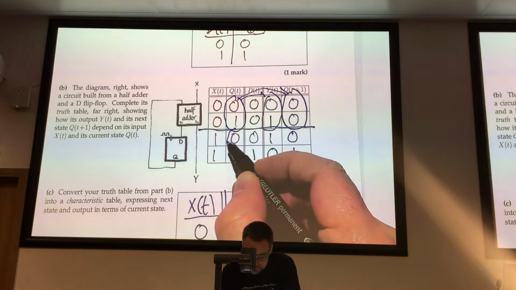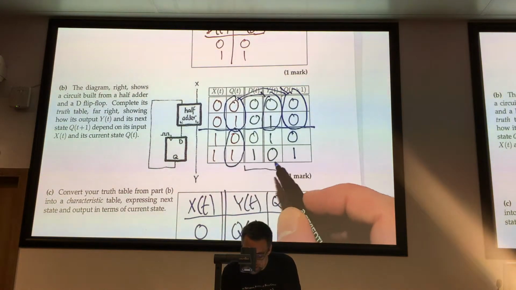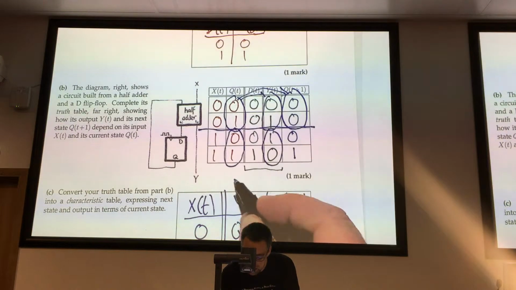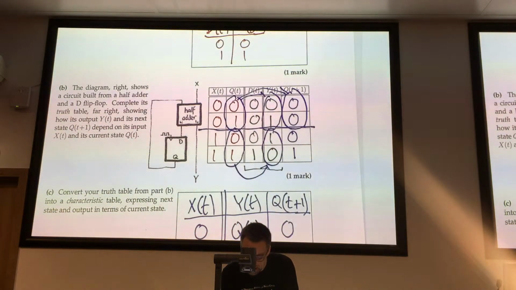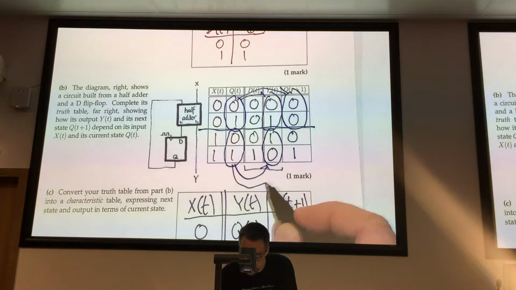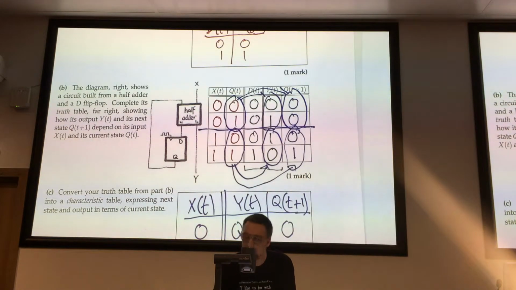Let's do the other ones. When we have this q of t, what y do we get? Yeah, that's not q of t. And when we have this q of t, what q of t plus 1 do we get? Q of t.